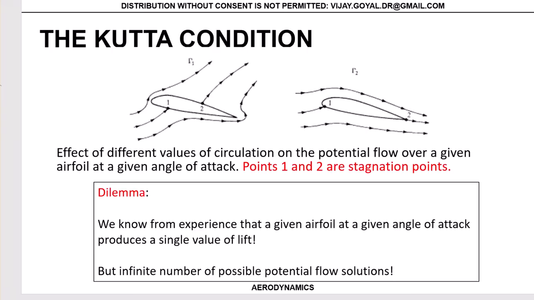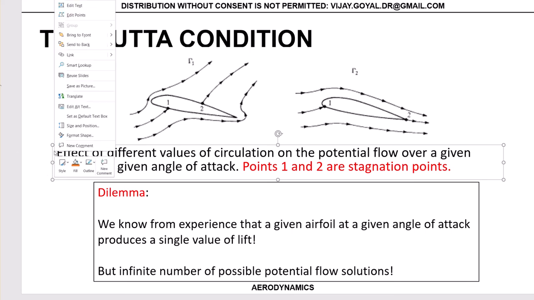To do that, let's begin our discussion with the Kutta condition. When we talk about the Kutta condition, we are basically talking about the following. So let me change the colors here very quick.